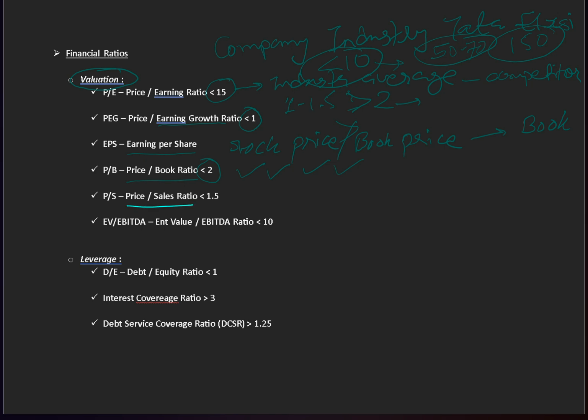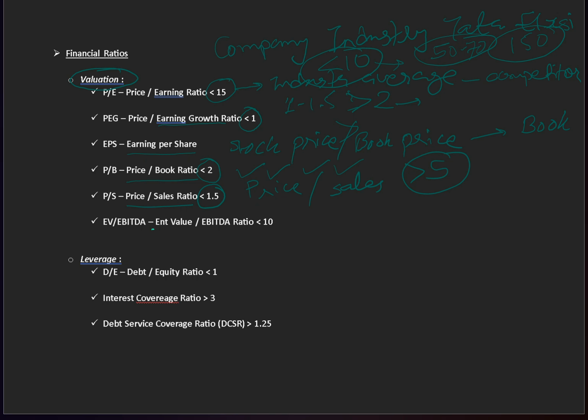Next is the price to sales ratio. It should be less than 1.5. This shows the stock price compared to its sales. So if the price to sales ratio is too high, let's say more than 5, this means the stock price is way higher than what the company can generate in sales, so it should be avoided.